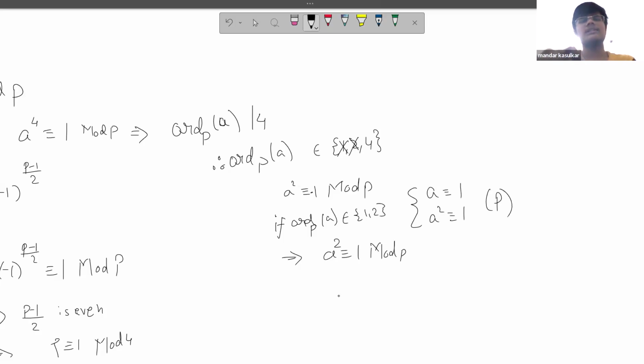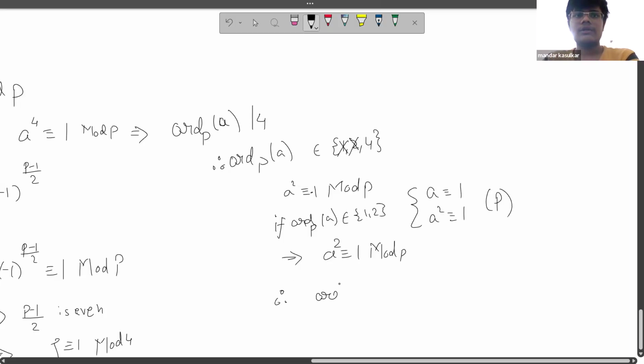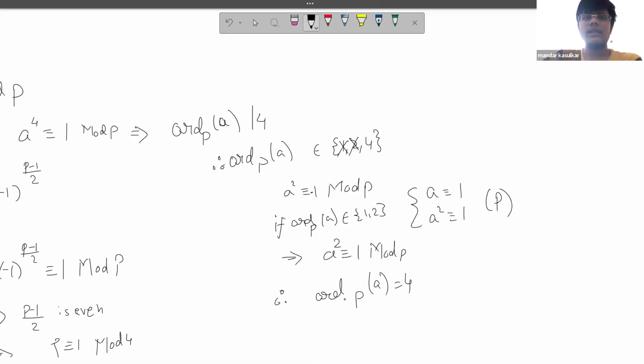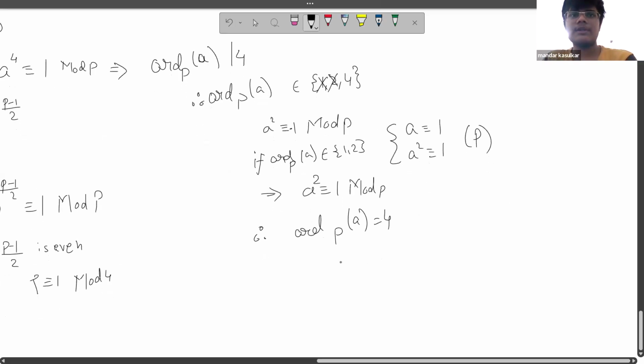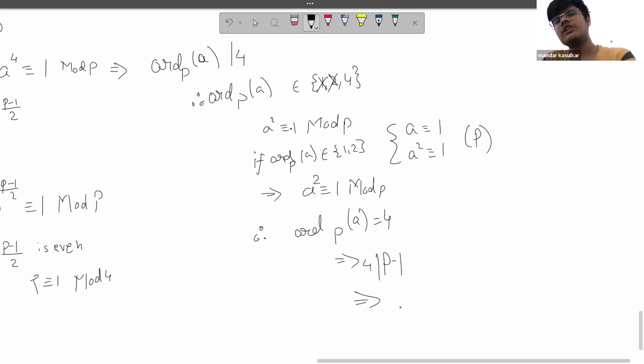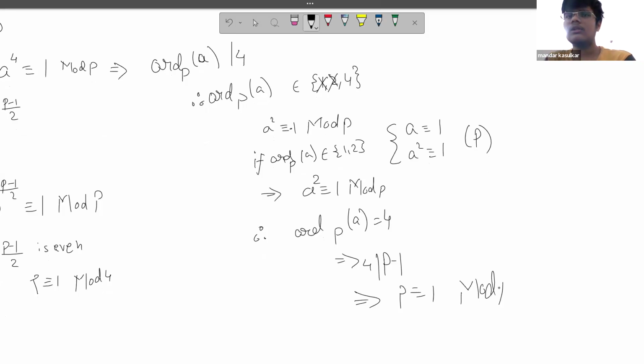So this implies that the order of a modulo p is equal to 4. Now we know that the order divides p minus 1. Therefore, 4 divides p minus 1, which implies that p is 1 mod 4. Nice. We have two proofs of the same fact.